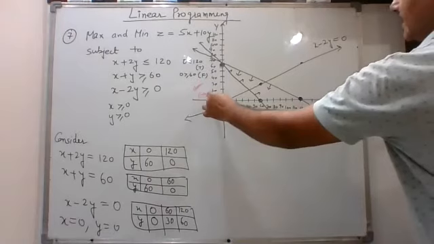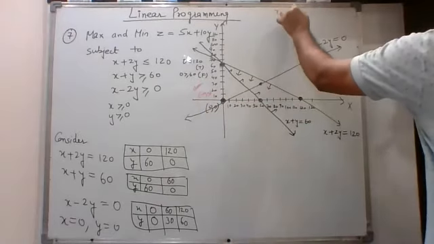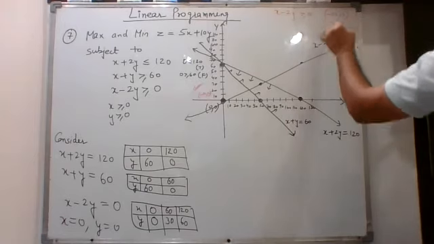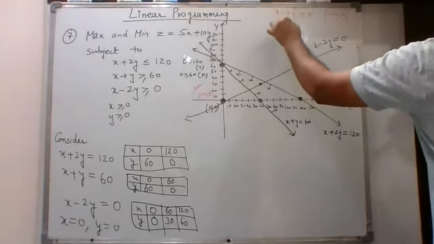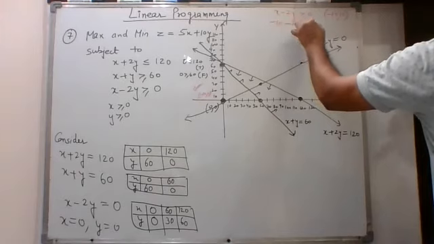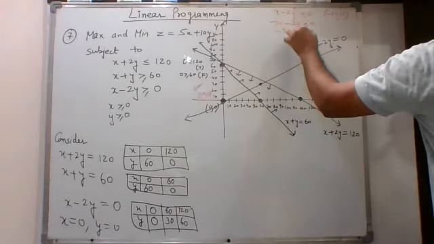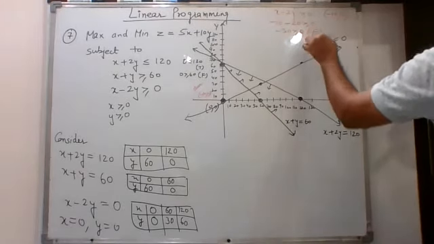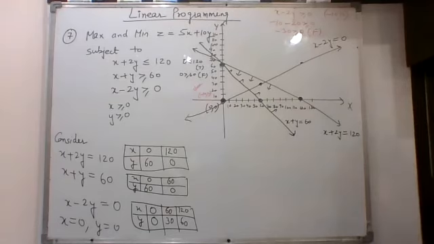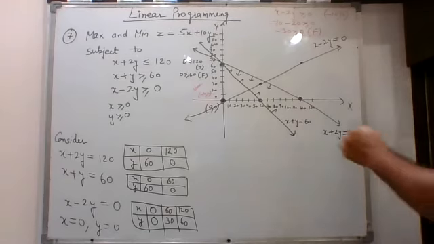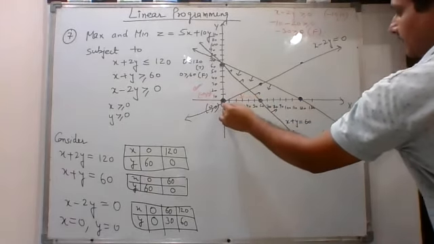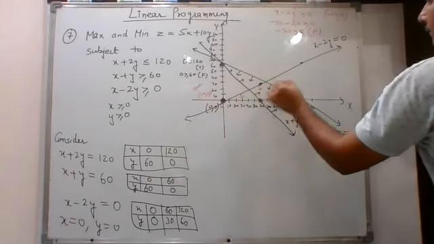So when you put minus 10, 10 in this equation, you can see that it will become minus 10 minus 20 is greater than or equal to 0. So that is minus 30 is greater than or equal to 0, which is a false statement. So that means this line will move away from this point. Away from this point means this is the direction which you have to take into consideration.